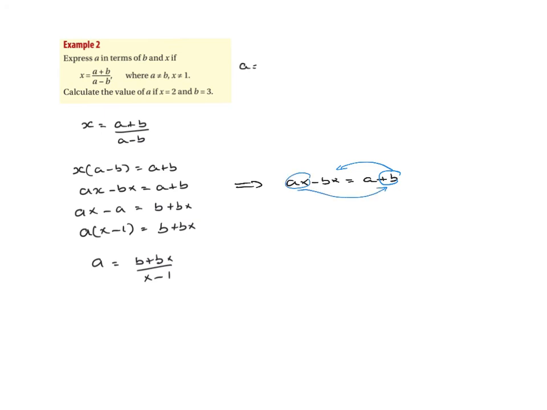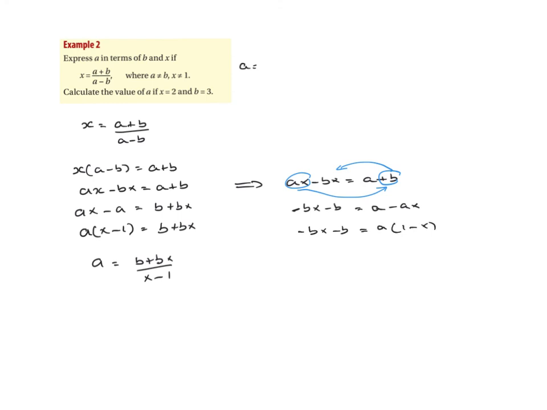If we do that, on the left hand side we end up with minus bx minus b is equal to a minus ax. Now again, hopefully you can see that I should be able to factorise this, so I'm going to do that. I'm going to get a, I'm going to get 1 minus x, and I have minus bx minus b. And don't forget your equals sign.